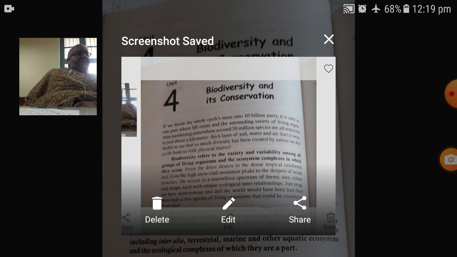Okay? And the study of this variety and variability among different groups of living organisms and also in ecosystem complexes constitutes what is known as biodiversity.